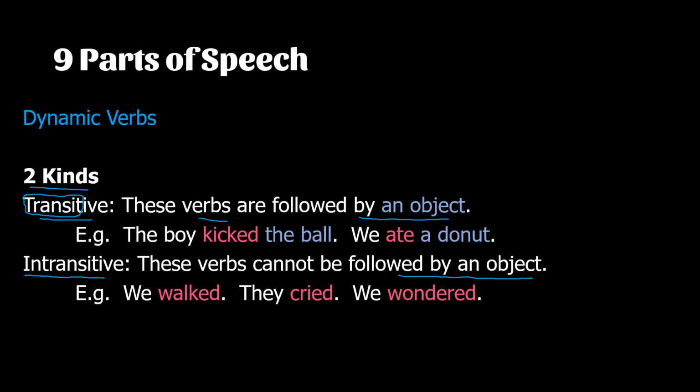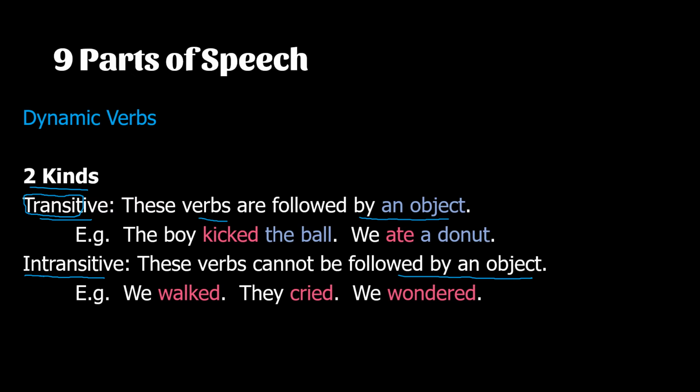It is possible to say we walked the dog, but you'll notice the meaning slightly changes from we walked to the store and we walked the dog. So we walked the dog, we actually moved the dog from one place to another. But we walked to the store, there's nothing that's being moved except we're the people doing the activity ourselves.